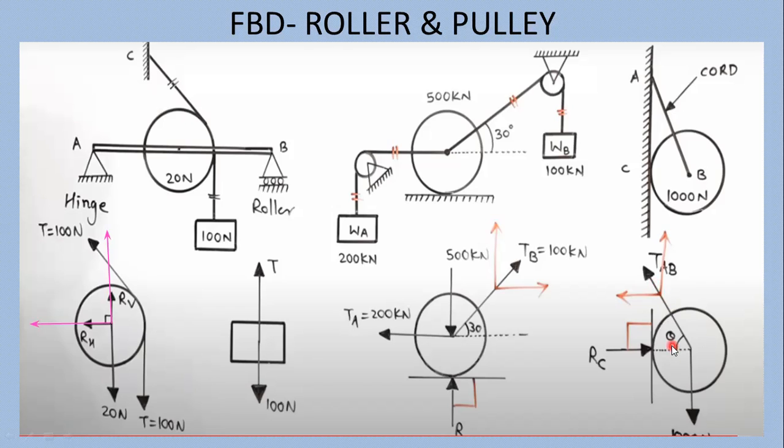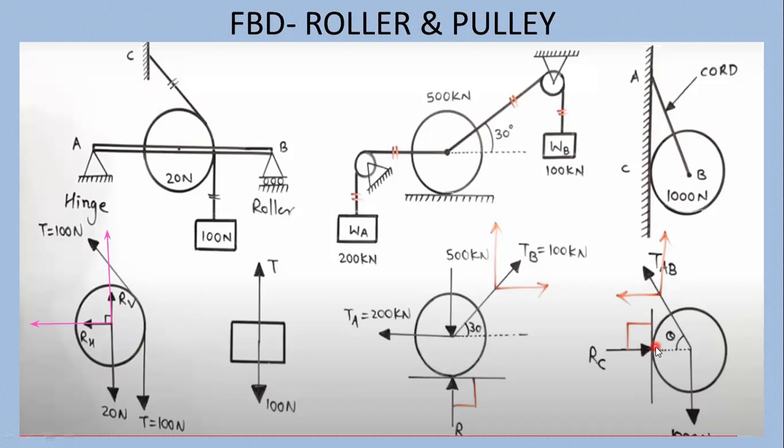Now, after that, the horizontal reaction is there, that is RC. RC will be the horizontal reaction which is exerted by the vertical wall on the object. Because whenever you are drawing the FBD, you have to consider only the object. On that object, the wall is also exerting a force.